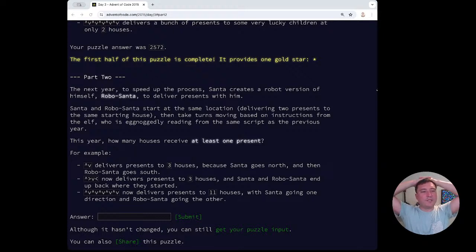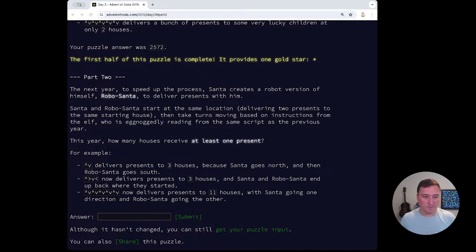Maybe we want to change the Santa spec to return the visited houses, and then we have a delivery team that sends the movements to the Santas and then takes the set of visited houses. So let's do that.